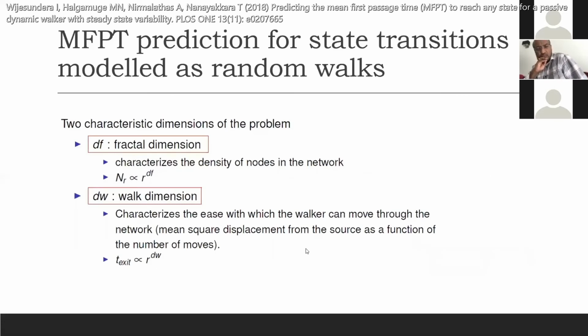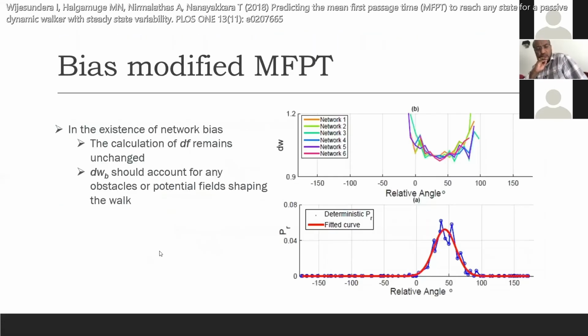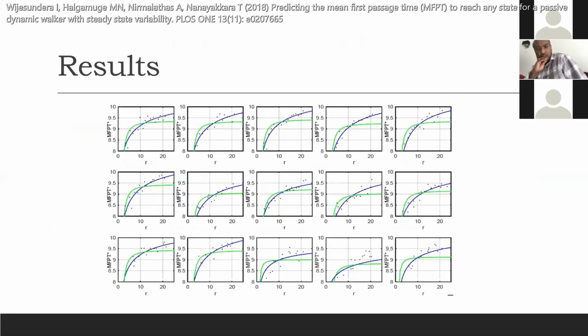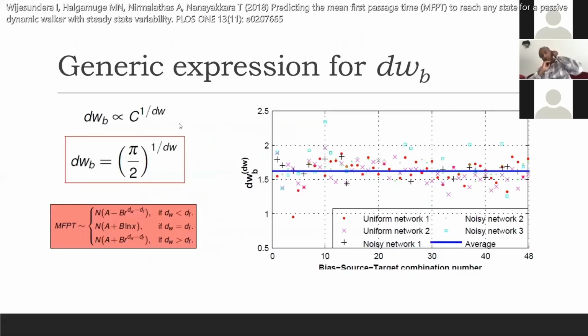We got the actual mean first passage times from this, then assumed the DWB was the optimal one, and tried to plug that into this equation. So instead of DW here, we use DWB.